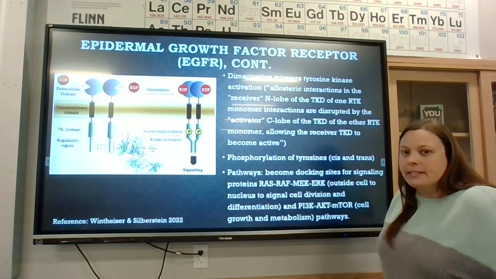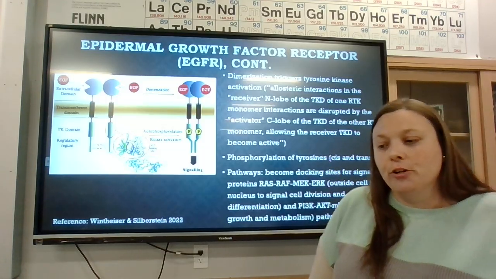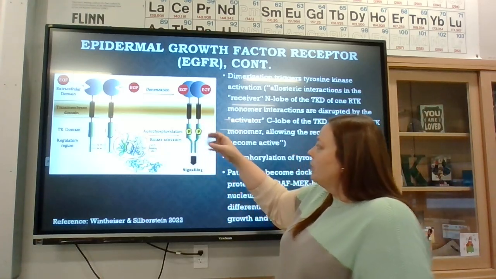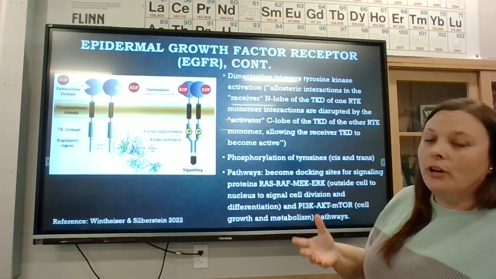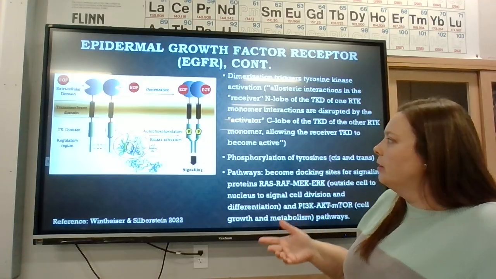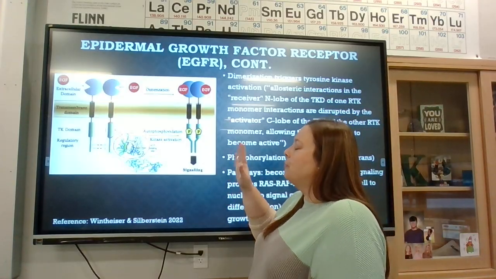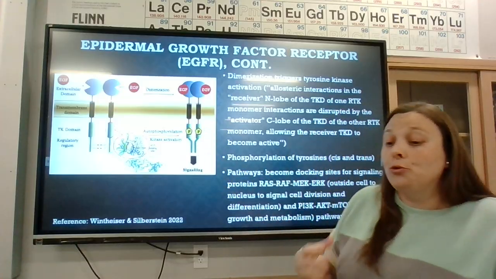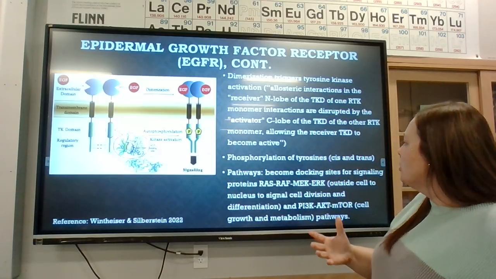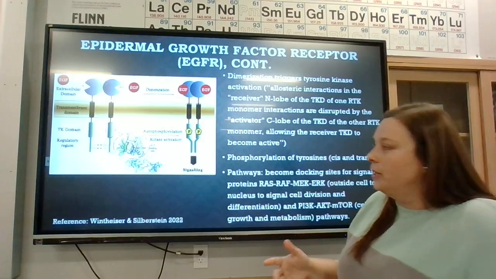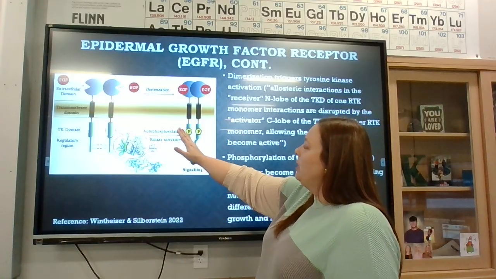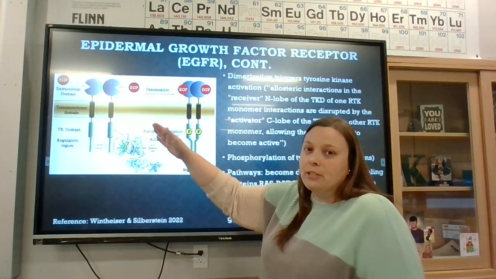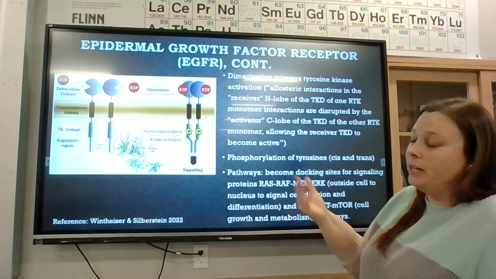Now, in some of these enzymes, the attachment of the phosphate groups can happen through what's called autophosphorylation, where they will actually attach phosphates to themselves, but it also can happen in a trans fashion, where this enzyme can attach phosphates for the neighbor, and the neighbor can attach phosphates for the first enzyme.